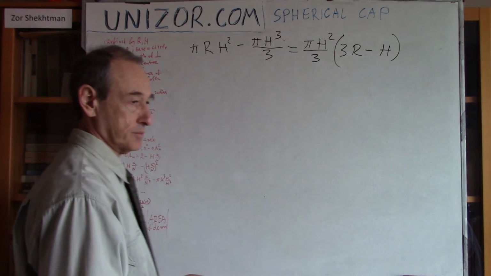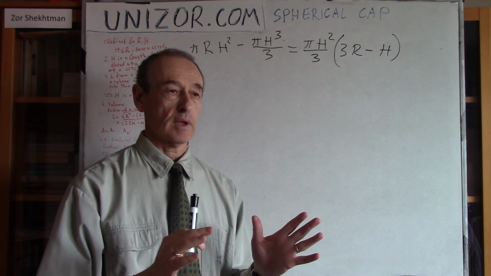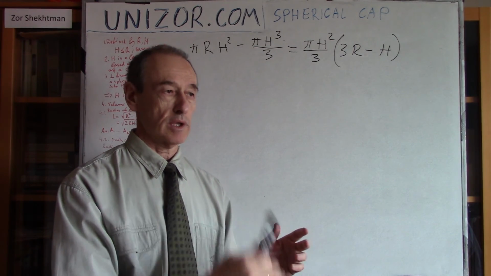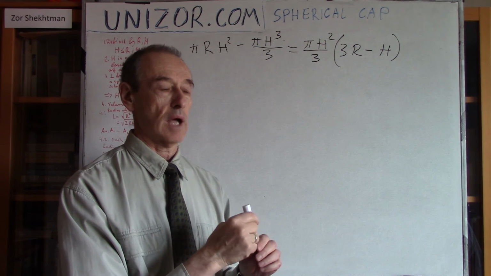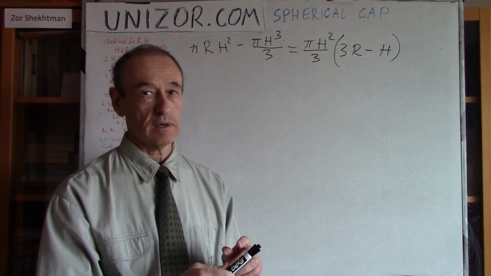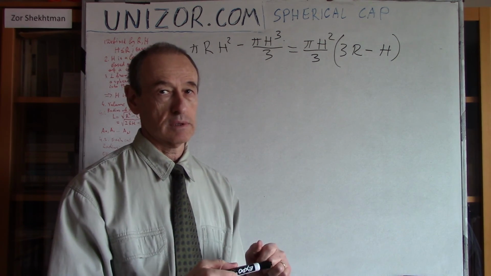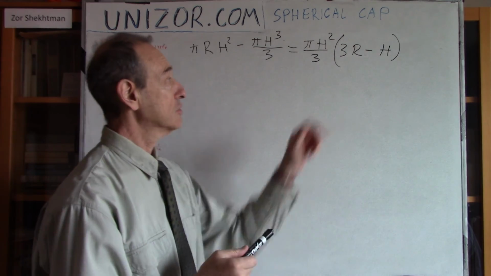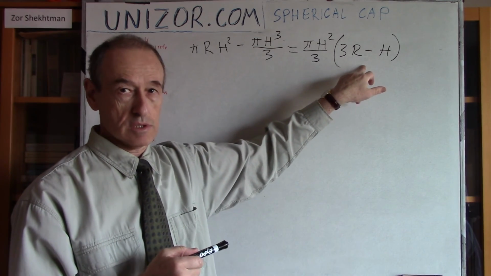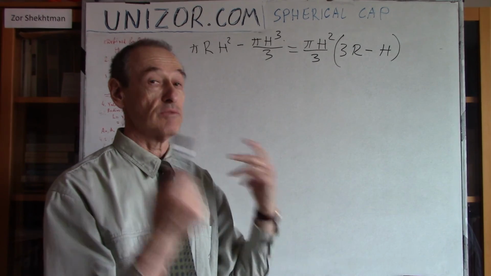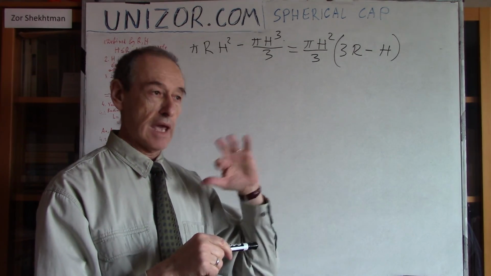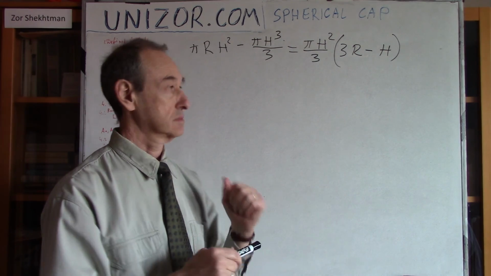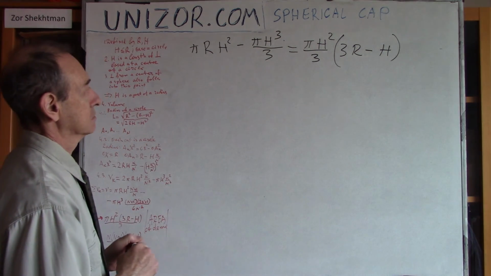Okay, now in the next lecture I will introduce another geometrical object, which is called a spherical sector, and using that concept and the volume which I have just derived, I will derive the volume of the spherical sector and then the area of the dome, and I will tell you how to do it.